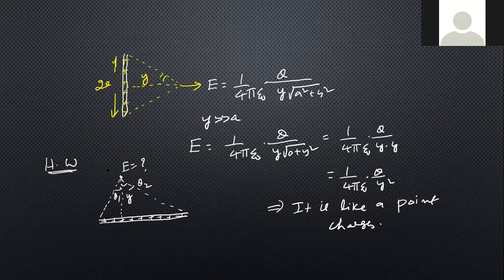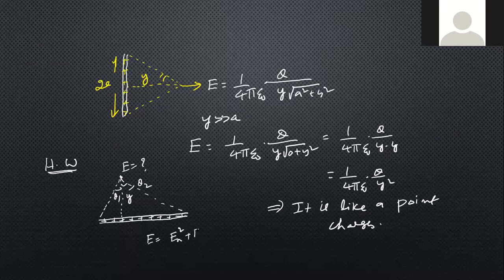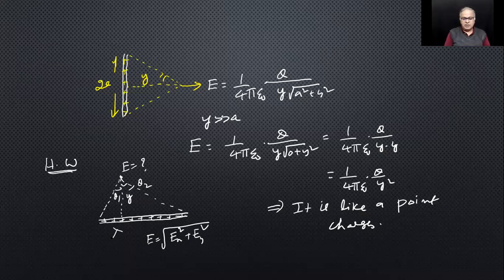Have you understood what the question is demanding from you? The X and Y components don't cancel, and you already have X and Y components made ready for you there. So you can get X and Y by integrating between proper limits. After which, if you want the magnitude, you can write E equals square root of Ex square plus Ey square. In terms of lambda, y, theta 1, theta 2, that's enough.